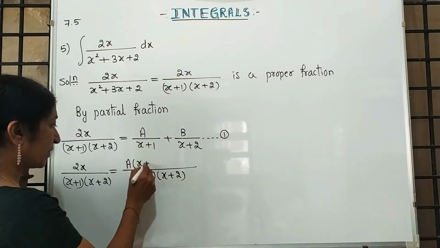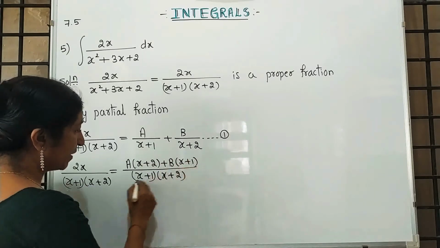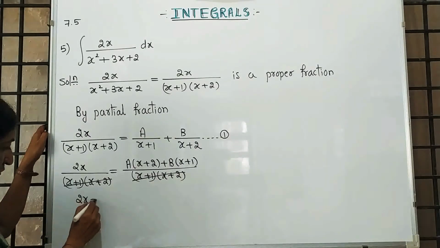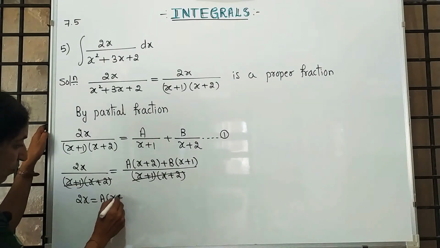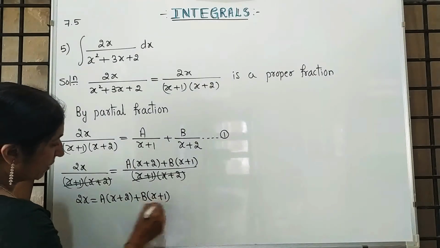A is multiplied with x plus 2 plus b is multiplied with x plus 1. Both the denominators get cancelled. 2x is equal to a into (x plus 2) plus b into (x plus 1).